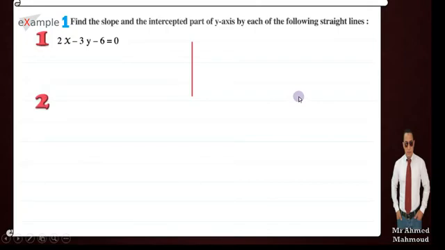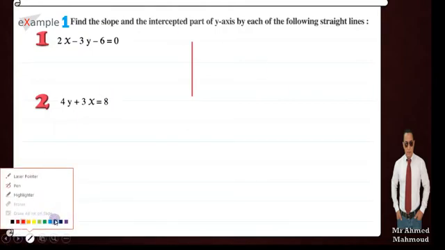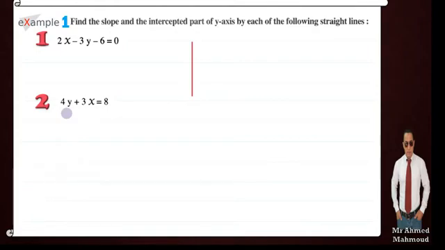Number 2, 4y plus 3x equals 8. Okay, here the coefficient of x is called a, the coefficient of y is called b. Then m equals negative a over b, which is negative 3 over 4.